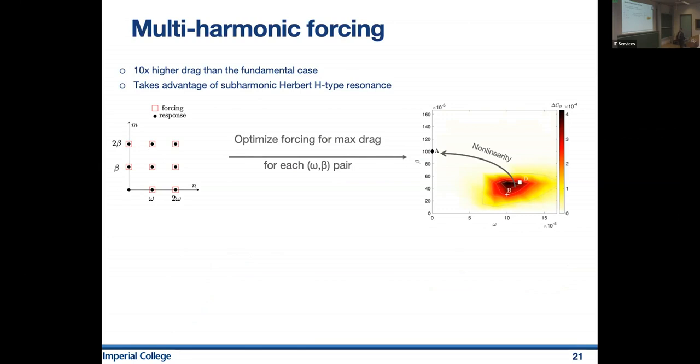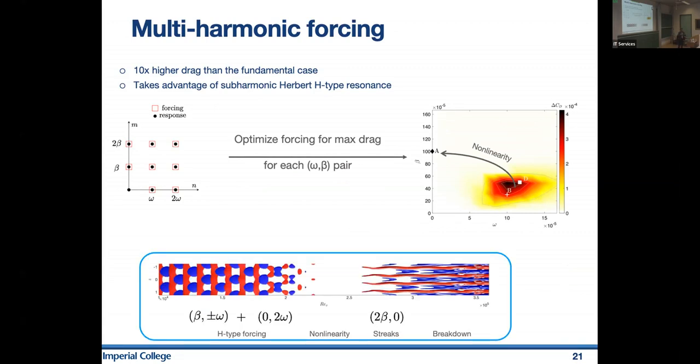Another question that arises is, why do I have to restrict only to one forcing component or one harmonic? And that was to simplify the calculations and the interpretation. So now we can increase the number of harmonic components that we're forcing, so we can have more complicated mechanisms. And actually, the new mechanism we have, if we have also the second higher harmonics, is like an H-type forcing that leads to streaks exactly in the same way through the amplification of oblique waves.